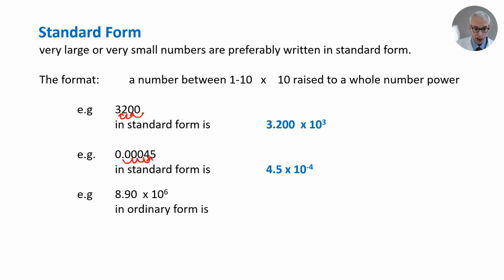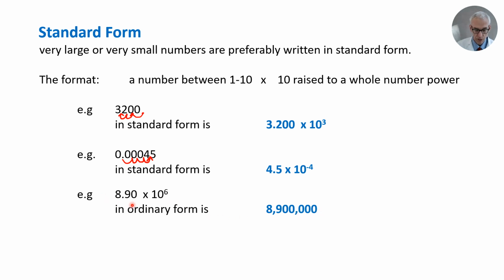What would 8.9 times 10 to the 6 be in ordinary form? Pause and write out the numerical answer. Okay, so I'm going to reveal 8,9,0,0,0,0.